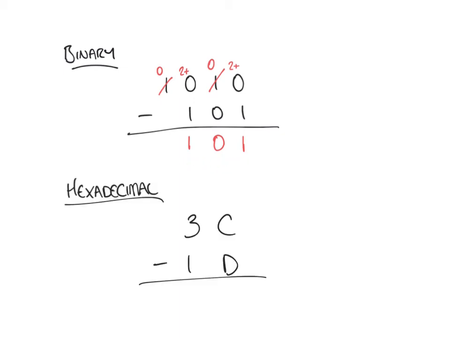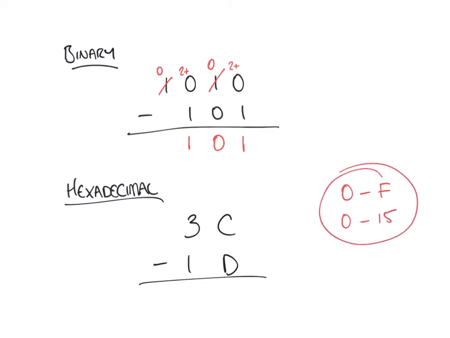The very last example for this video is subtracting two hexadecimal numbers. And remember from our previous videos as well that hexadecimal numbers are to the base of 16. And so we have our possible digits of 0 through to F, which correspond to 0 through to 15.